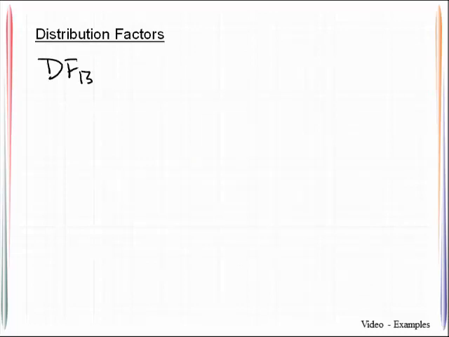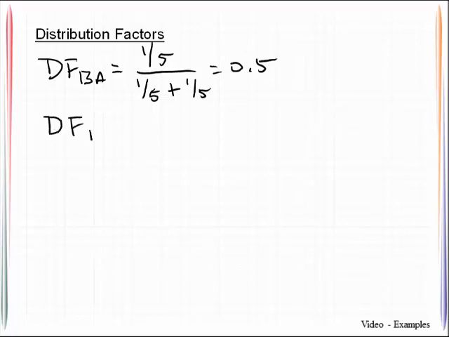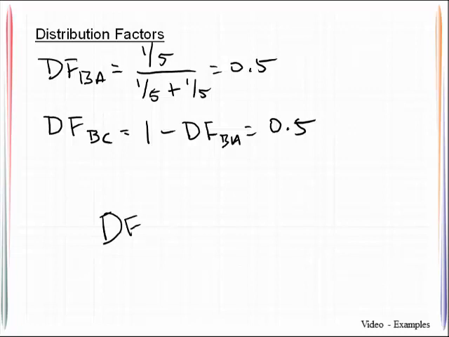The distribution factor for joint B, for member BA, is the stiffness factor for BA divided by the total stiffness for that entire joint, which is equal to 0.5. And the distribution factor for BC is equal to 1 minus the distribution factor of BA, which is equal to 0.5. And in a like fashion, we could conclude that these other distribution factors are also equal to 0.5.